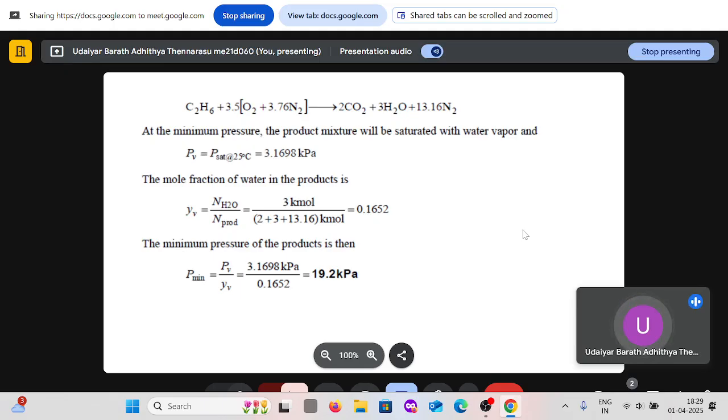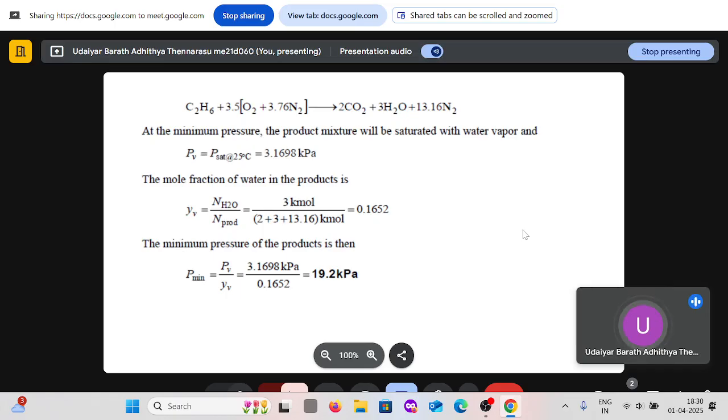At minimum pressure, the product mixture will be saturated with water vapor. So P sat at 25 degrees Celsius, that's the partial pressure of water vapor, is 3.1698 kilopascal.